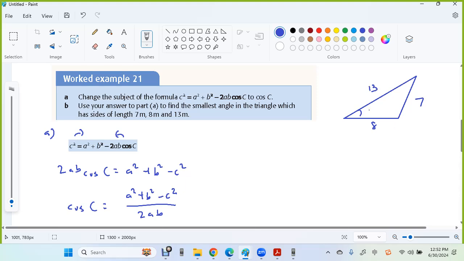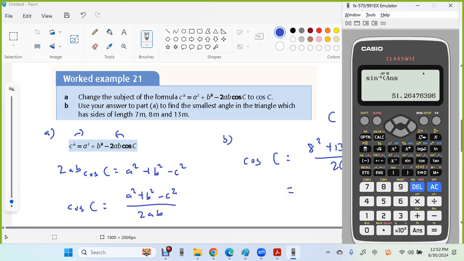The smaller angle is opposite the smaller side. So cos C, this one I call C, equals 8 square plus 13 square minus 7 square over 2 times 8 times 13.